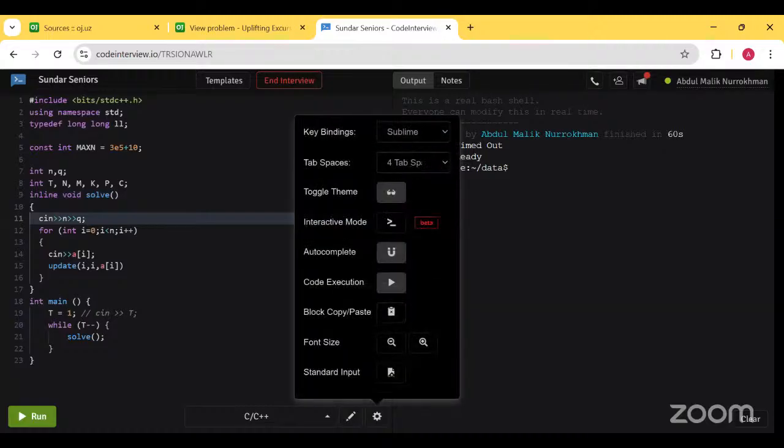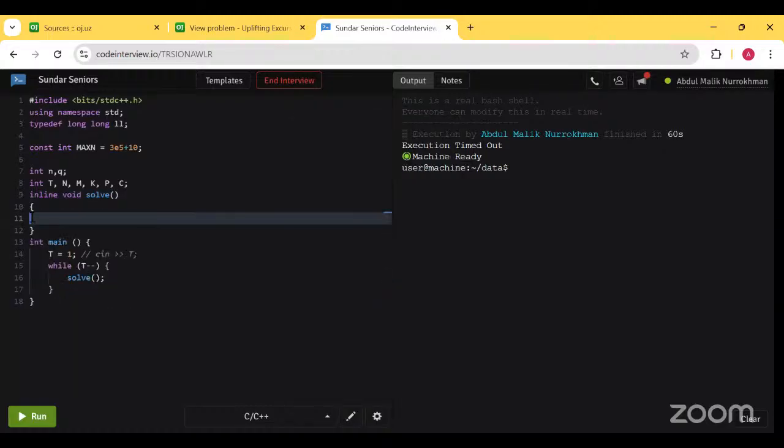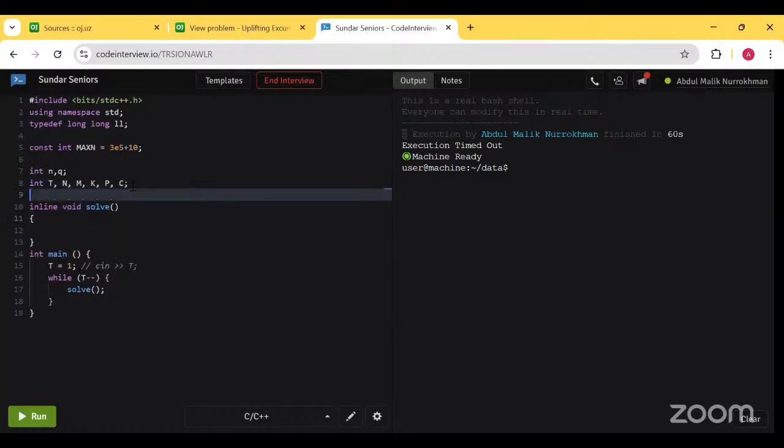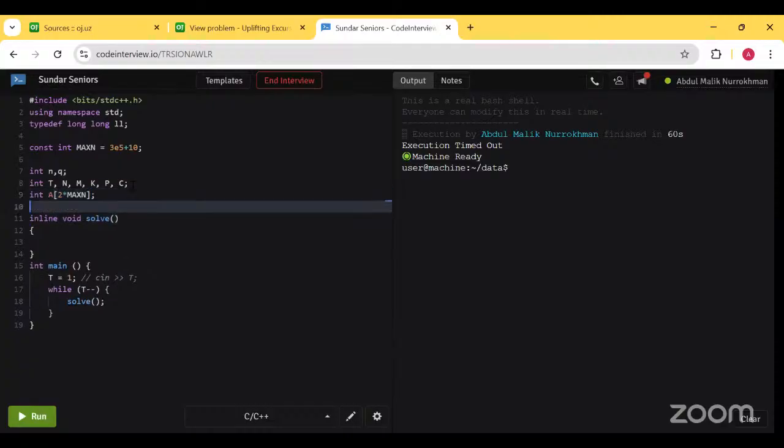So for example, we have an array. The size is 2 times maximum n. And we can create another pointer, for example, A is equal to AA plus maximum n. All right. So now we can use a minus 1 like this.